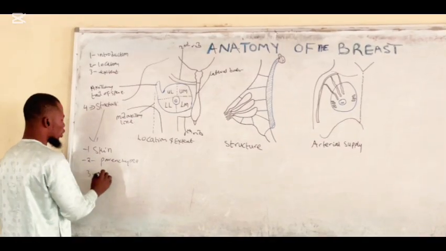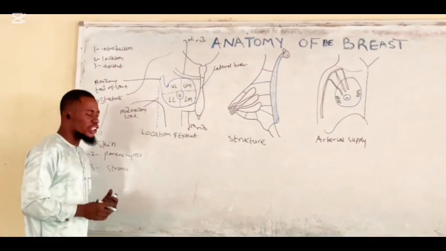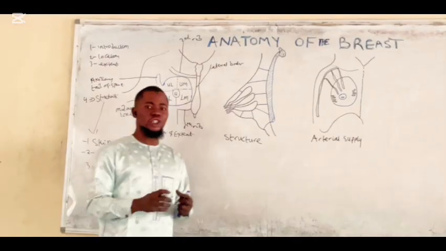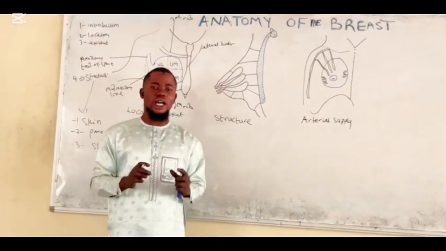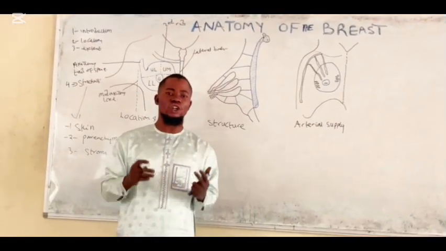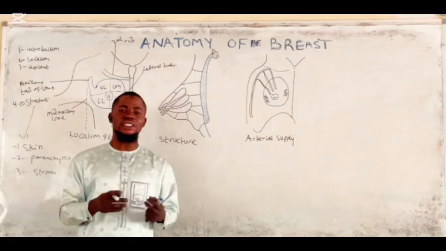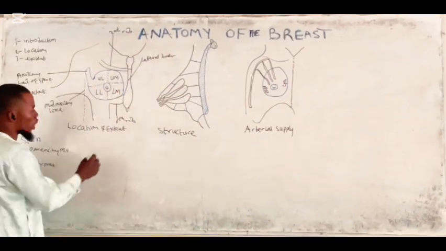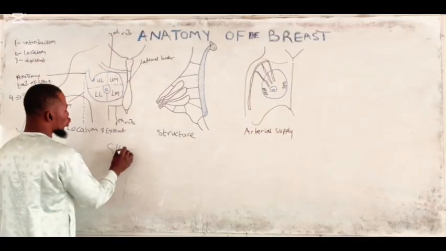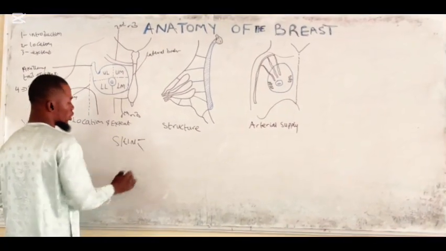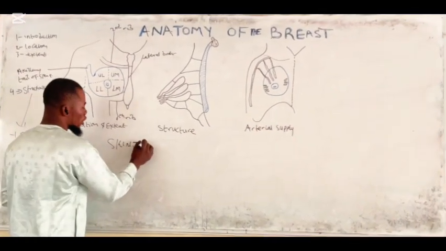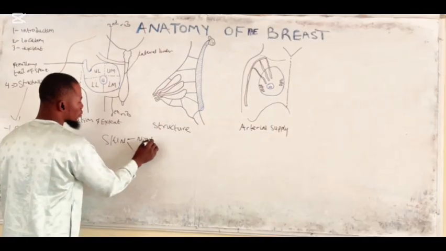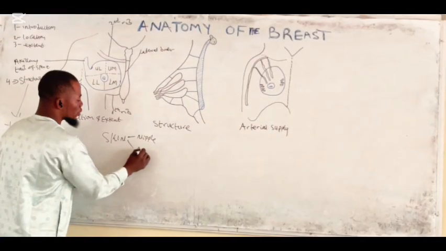The skin is the one that covers the breast, and the skin provides 2 major structures. The structures are the nipple as well as the areola.